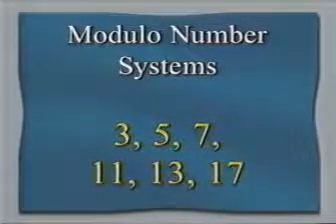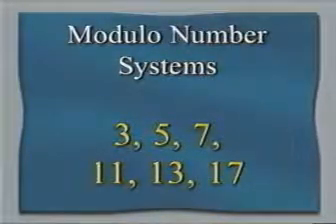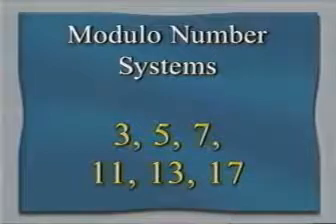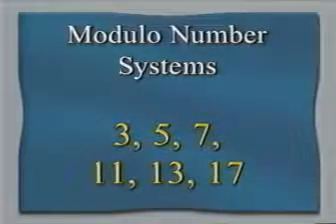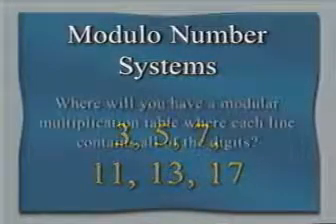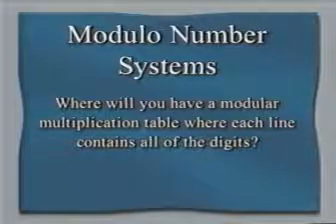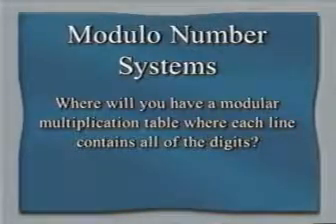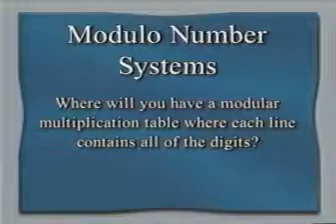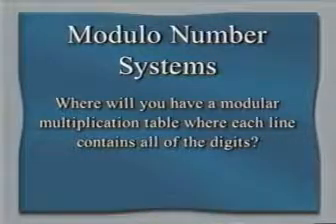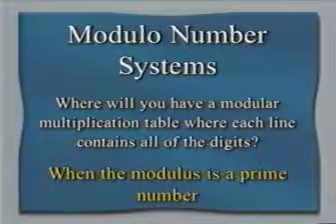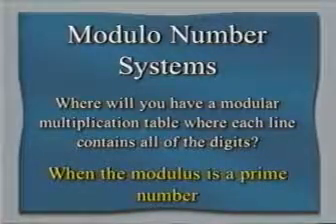If you recognize that 3, 5, 7, 11, 13, and 17 are prime numbers, then you might see the answer to the question posed. That is, where do you have modulo multiplication tables with each line containing all the digits? And the answer is, if the modulus, if the number you're using as the base for your system is prime.